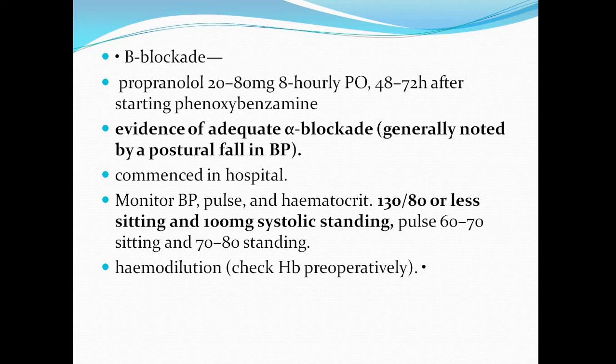So you can see that such a postural drop and postural tachycardia shows that there is adequate alpha blockade. It's also important to check the hematocrit, because there could be an element of hemodilution. So you have to check this hemoglobin preoperatively.